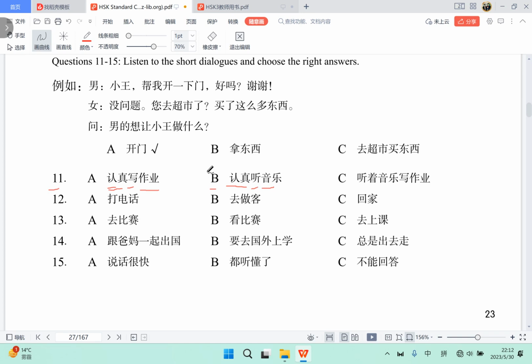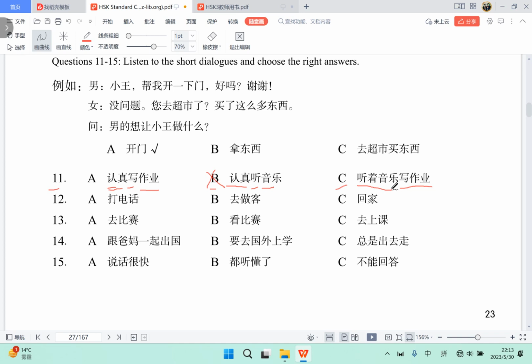So based on our common sense, this one should be wrong, because no Chinese parents would ask their children to listen to music very carefully. It doesn't make sense. Okay, C 听着音乐写作业, so writing the homework while listening to music. I don't know.